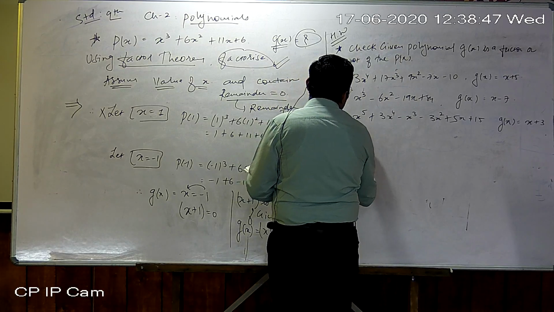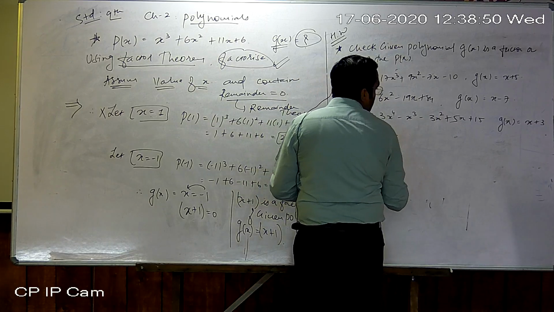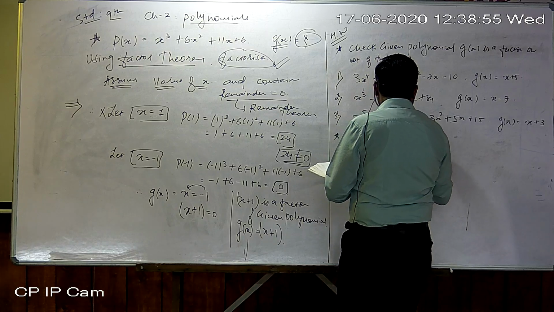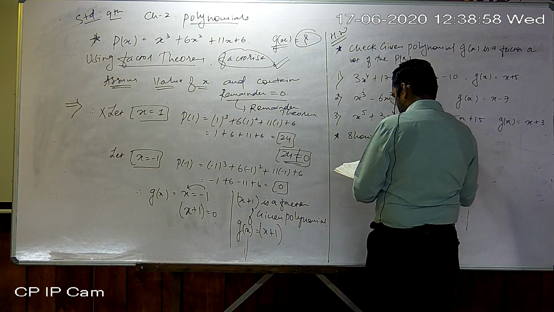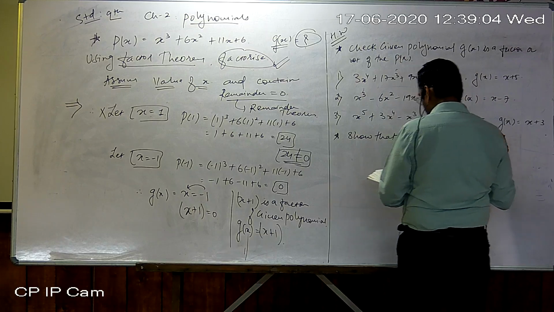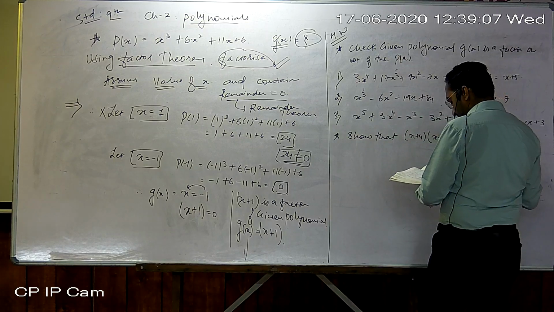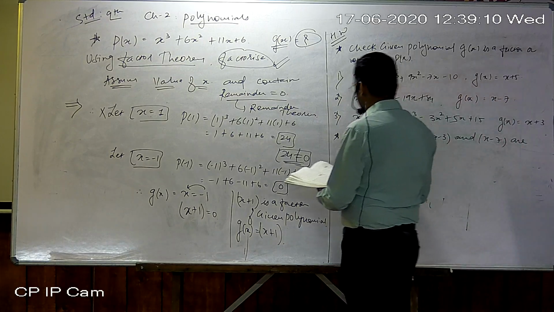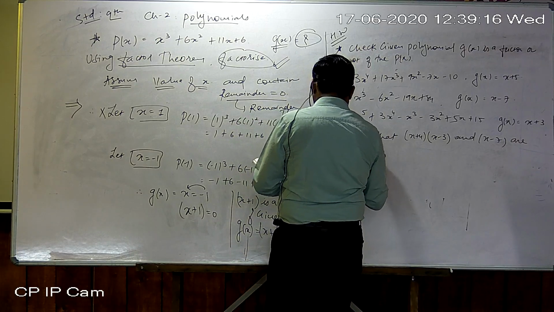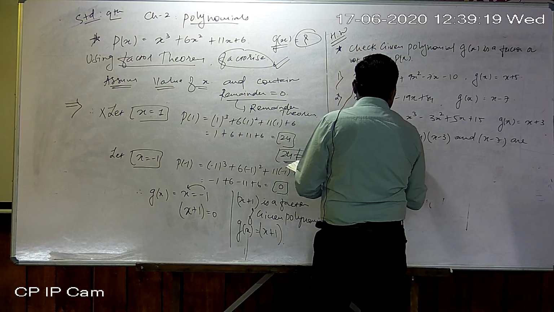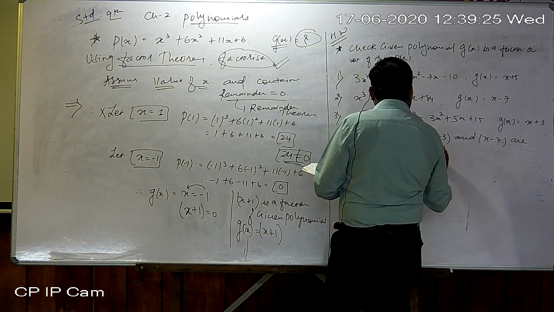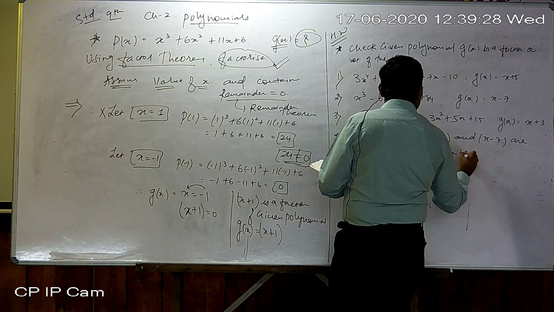show that x plus 4, x minus 3 and x minus 7, write x minus 7, are factors of x cube minus 6x square minus 19x plus 84.